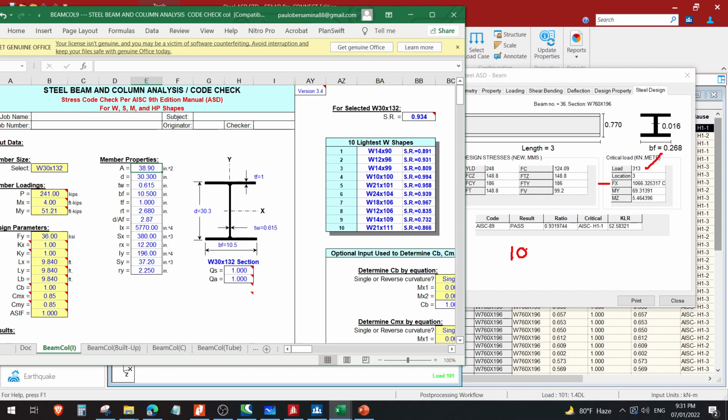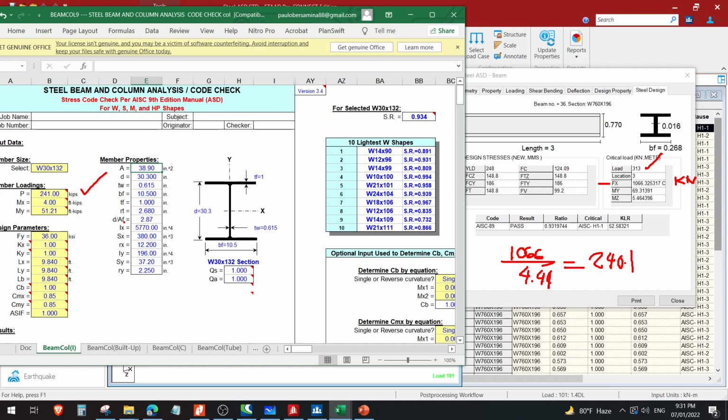So, 1066 divide by 4.44, you will get 240.1, no? 240.1 kilonewton. Kips. No, kasi kilonewton to eh. So, 241 kips, ito siya.